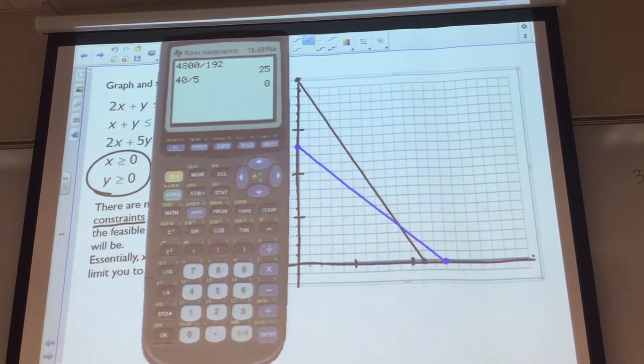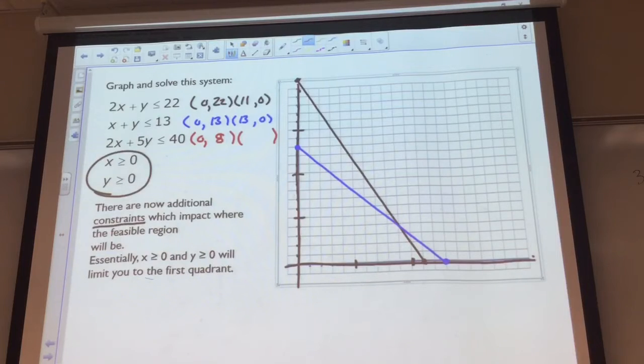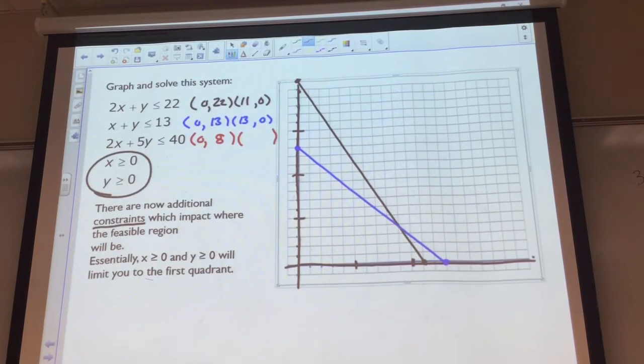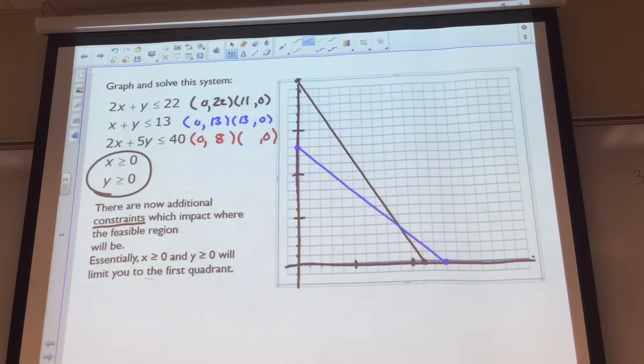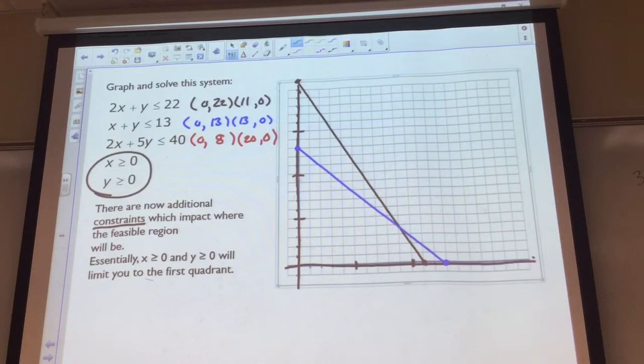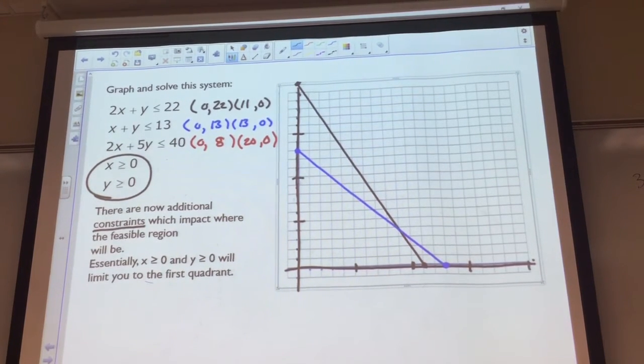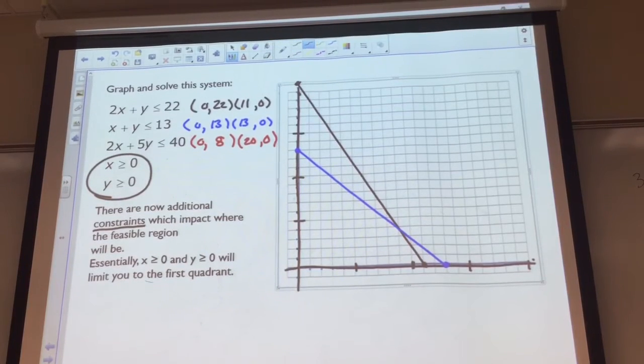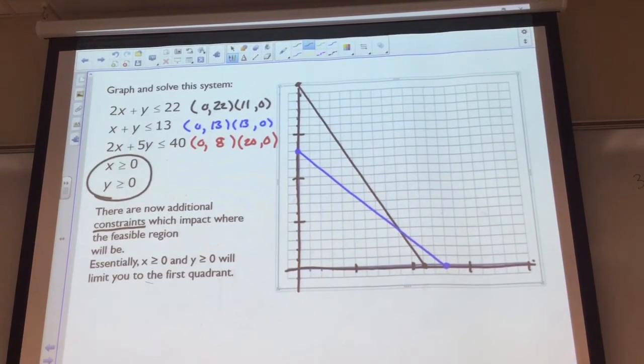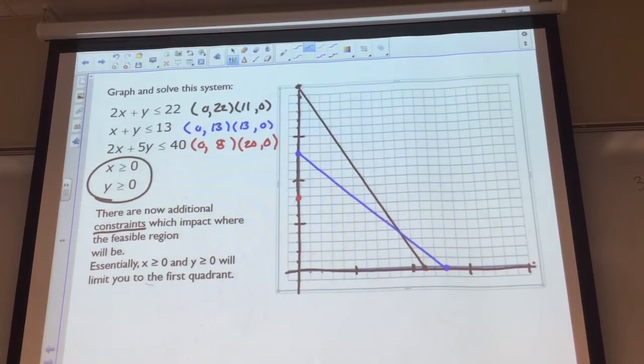Okay? So if y is equal to 0, then x becomes a value of 20. Let's see, 10, 11, 12, 13, 14, 15, 16, 17, 18, 19, 20. There's 20. So we now have 0 and 8 being connected to 20 and 0.